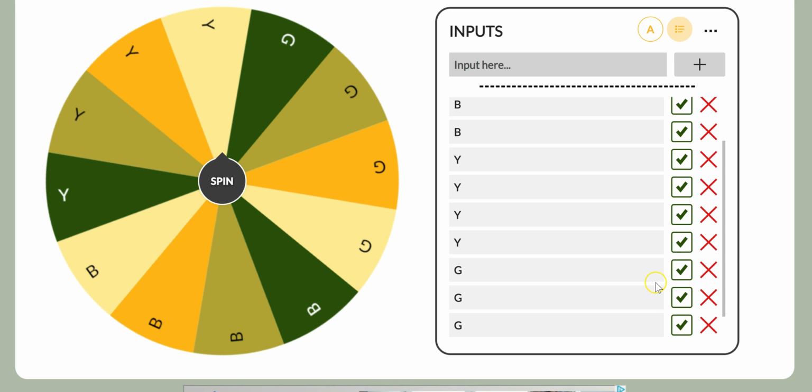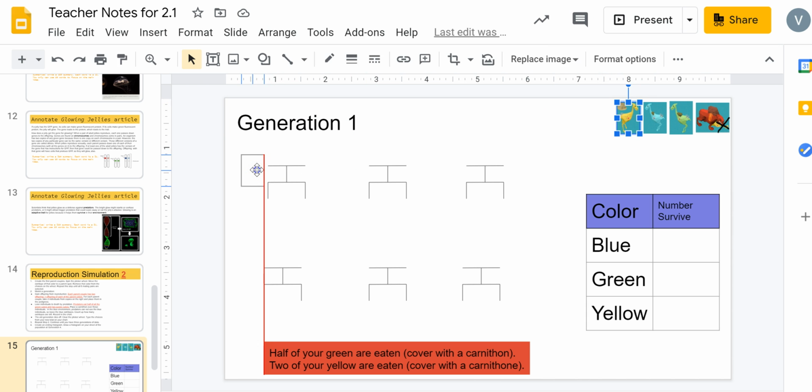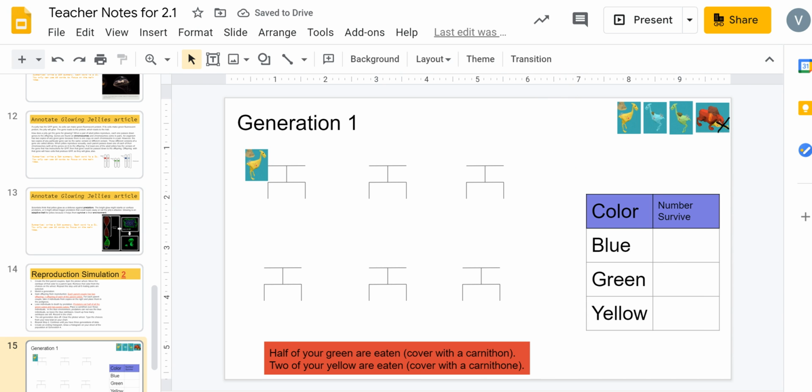So for this yellow, I need to remember, and it's very important to remember this, this yellow is not going to mate this cycle again, so I have to remove it. So not the big red X, just unclick it right here, please. So I'm going to take a yellow individual, and that's going to be my first parent.